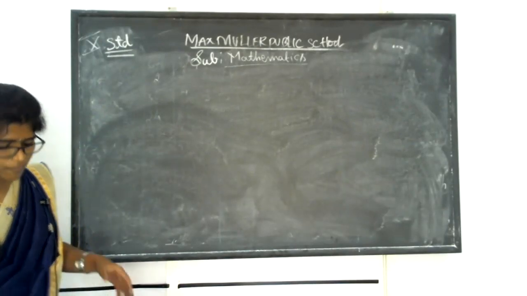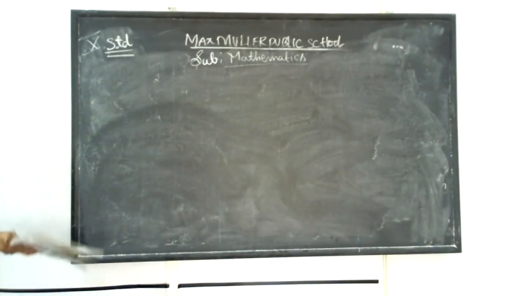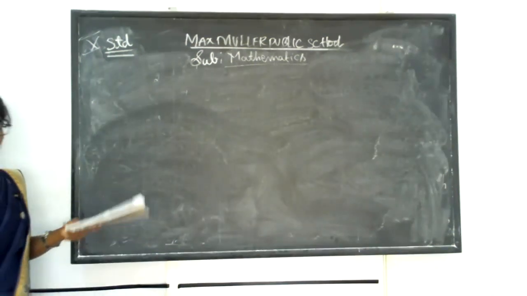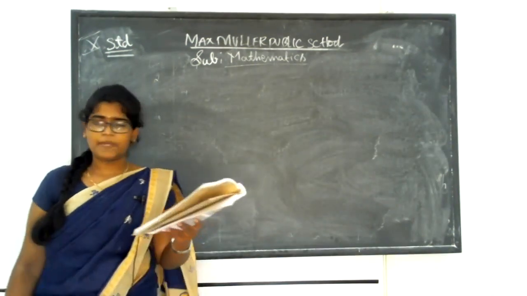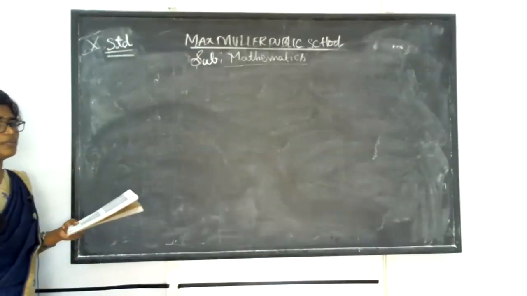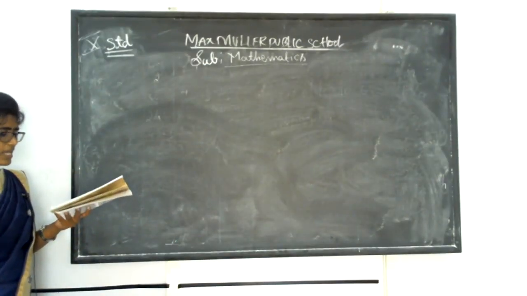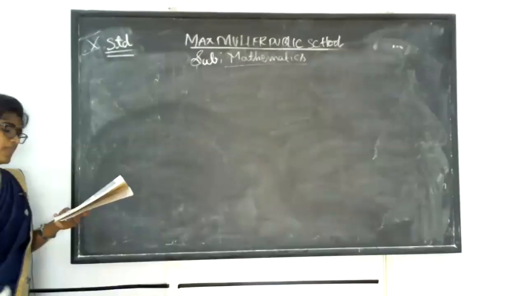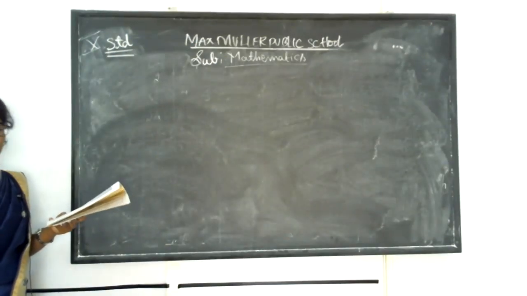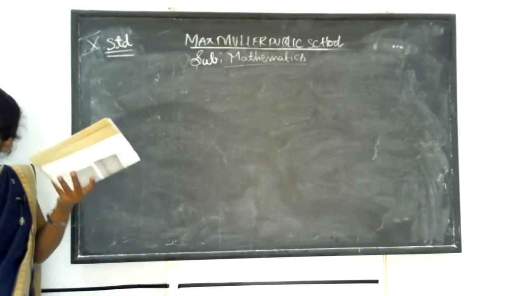Then 44 minus 36, you need to borrow, you will get 8. Then again it is 12, then 8, then 12, then 8. The class size is also not proper.